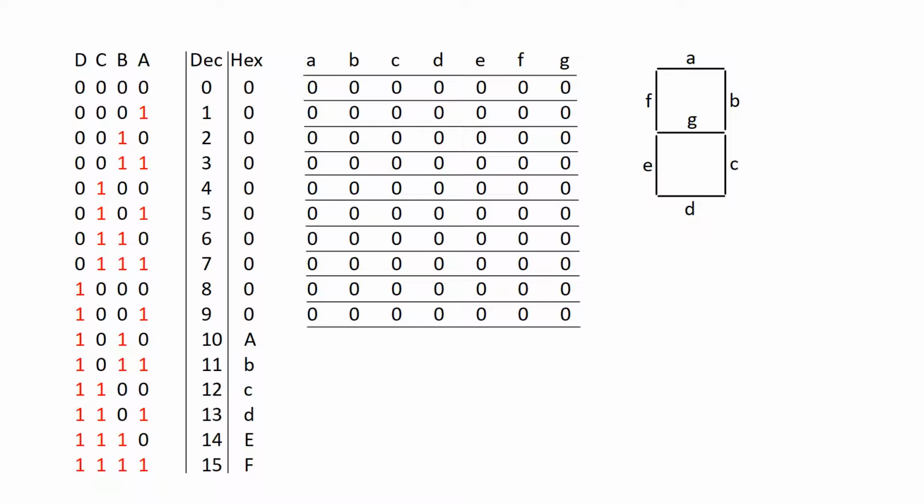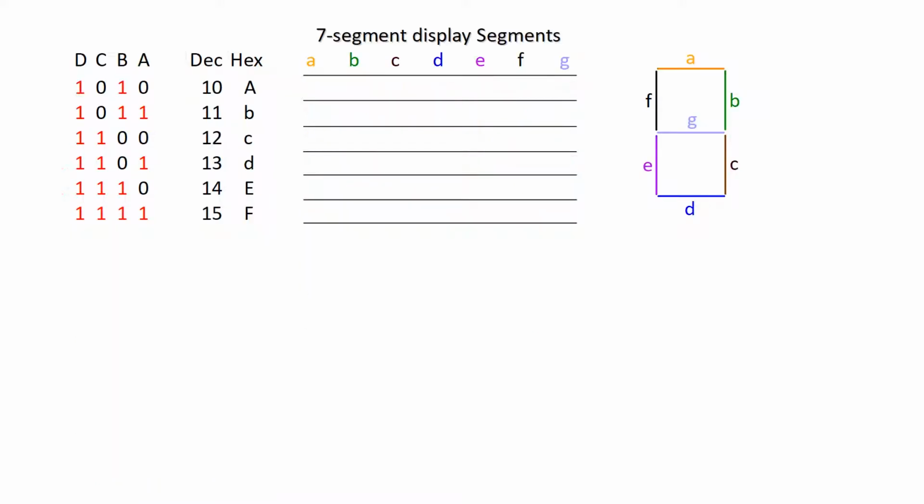So all these are low, and our design kicks in when we get to the decimal number 10 or binary 1010 or hexadecimal A, and that's when we're going to start designing to turn the segments on to represent the letters of the hex number. So this is the part of the truth table that we're interested in. Everything else has been 0 to this point on the output segments.